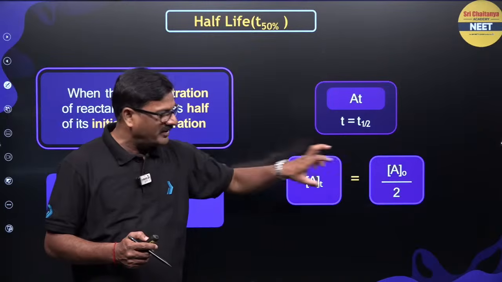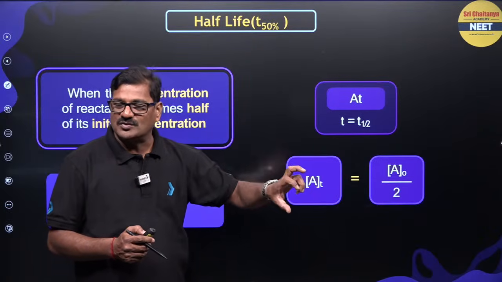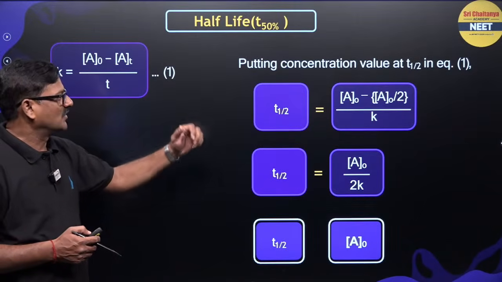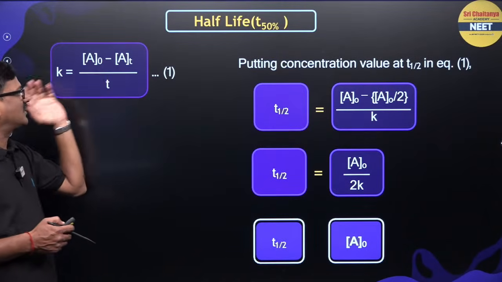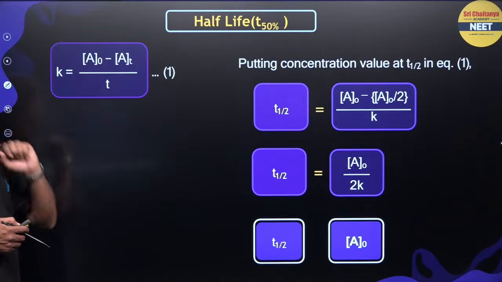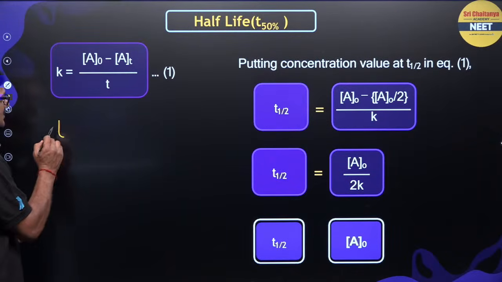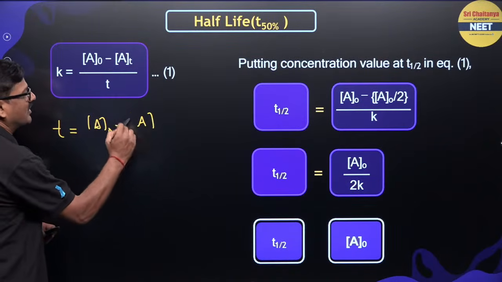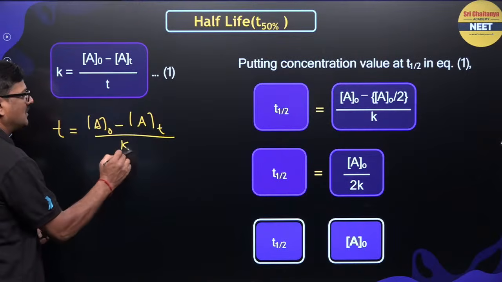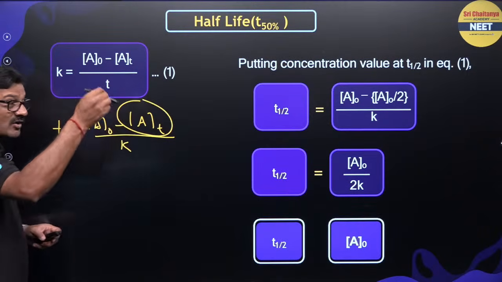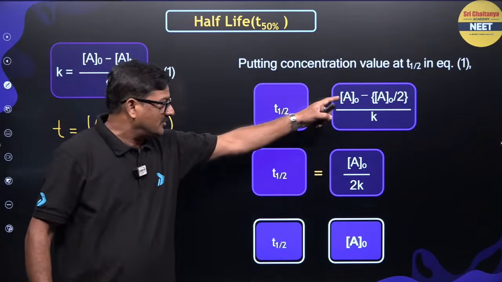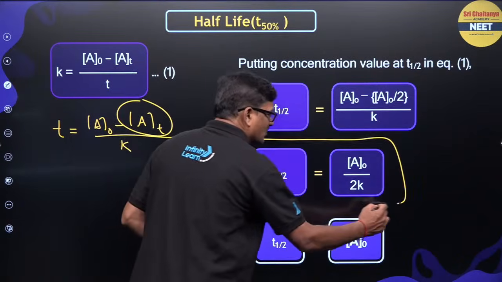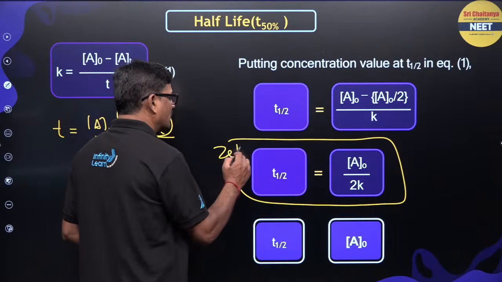Put that A naught by 2 as AT in the zero order kinetics. So T half is equal to, for zero order, K is equal to A naught minus AT by T. T is equal to A naught minus AT by K. जब AT जो होता है ना A naught by 2 होगा, तब T half is A naught by 2K. Yes, this is what is called T half for the zero order.